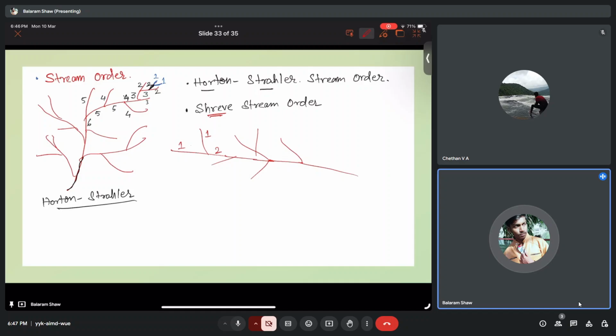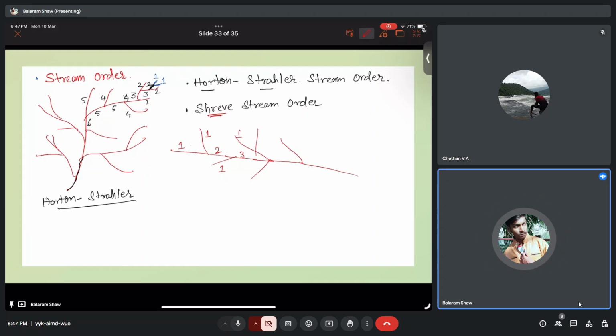So if the same stream order is joining, it will be the summation of both the stream orders. Now if this is the second order and this is the first order, in Horton what was happening, it will be the maximum stream order whichever we had. So now if this 2 and 1 join, in case of Shreve, it will become 3, the summation of both the stream orders, and so on.